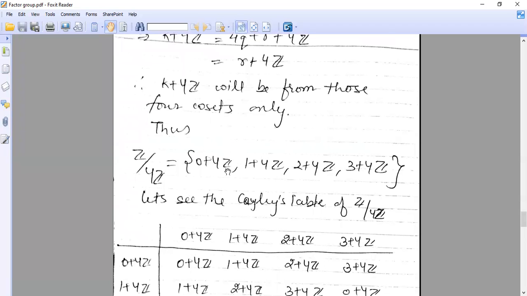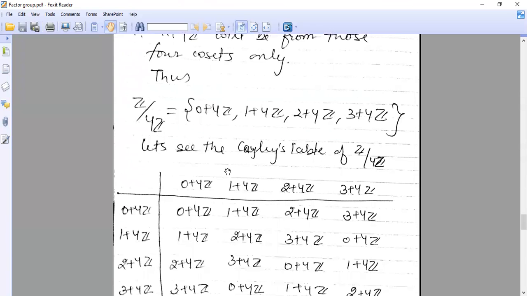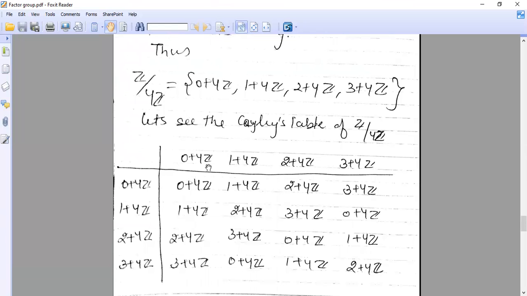Now we have formed the Cayley's table for this quotient group Z upon 4z. So you just write all the elements here, and then row wise also, now we have combined these elements. So 0 plus 4z, you are adding them. So 0 plus 4z plus 0 plus 4z will be 0 plus 4z. You are adding this 0 plus 4z with 1 plus 4z. Because this is the identity element, you are adding this with all the other elements, so there will be no change.